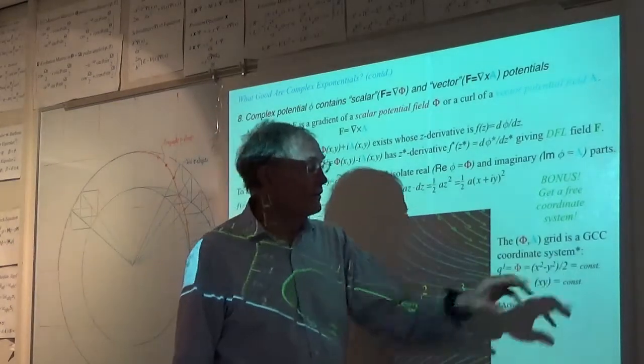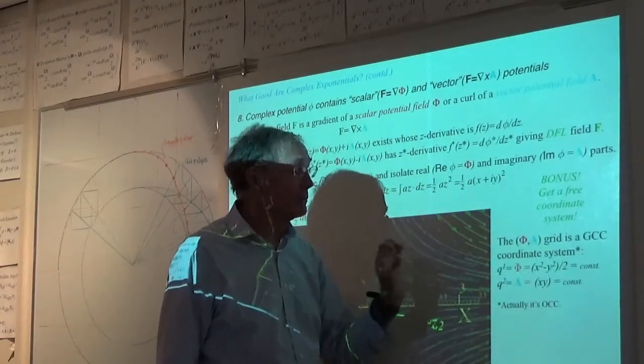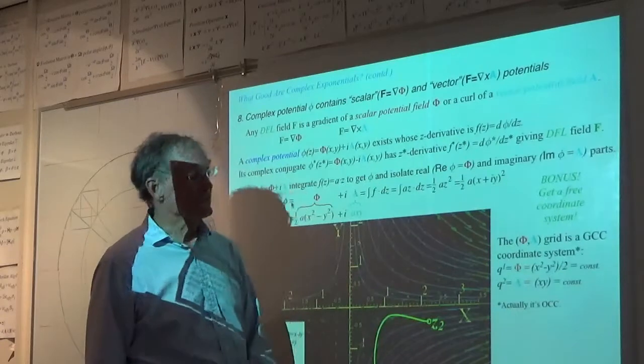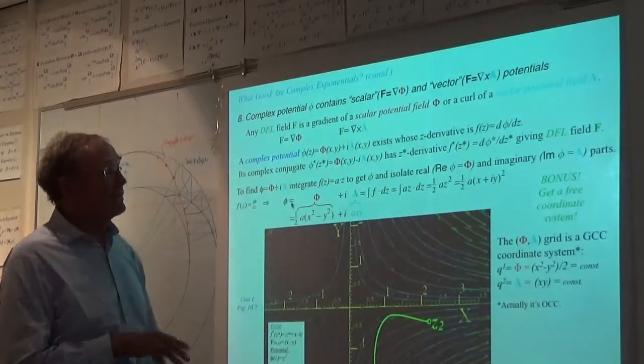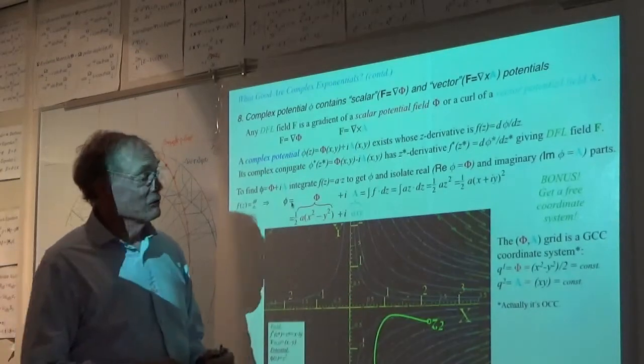Now I put a star on this just to indicate it. Actually it's orthogonal curvilinear coordinates, because every one of these has to be orthogonal. We'll see why that is. That's a very special property of this particular way of getting curvilinear coordinates.